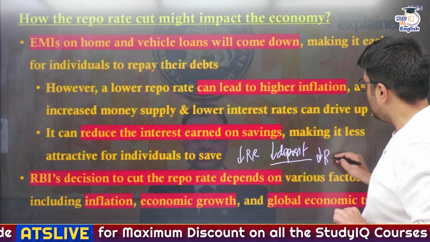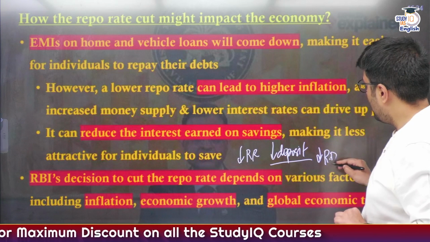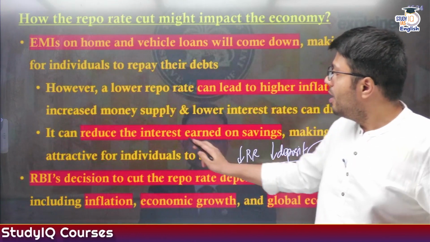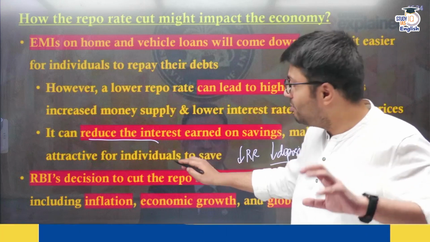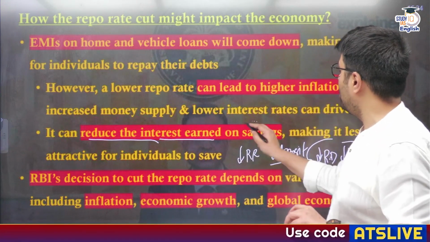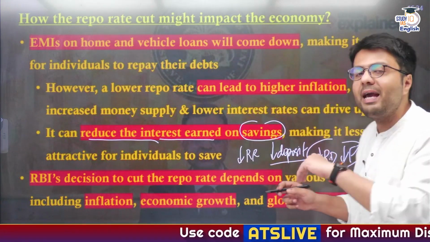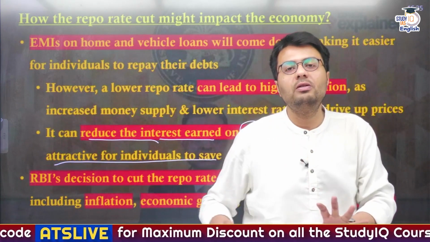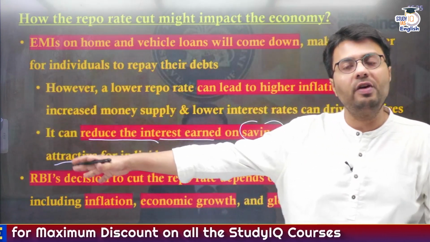Similarly, it will reduce the RD rates and the fixed deposit rates. So people will witness a reduction in the interest earned on their savings and fixed deposits, making it a less attractive avenue for individuals like senior citizens to deposit and save their money.